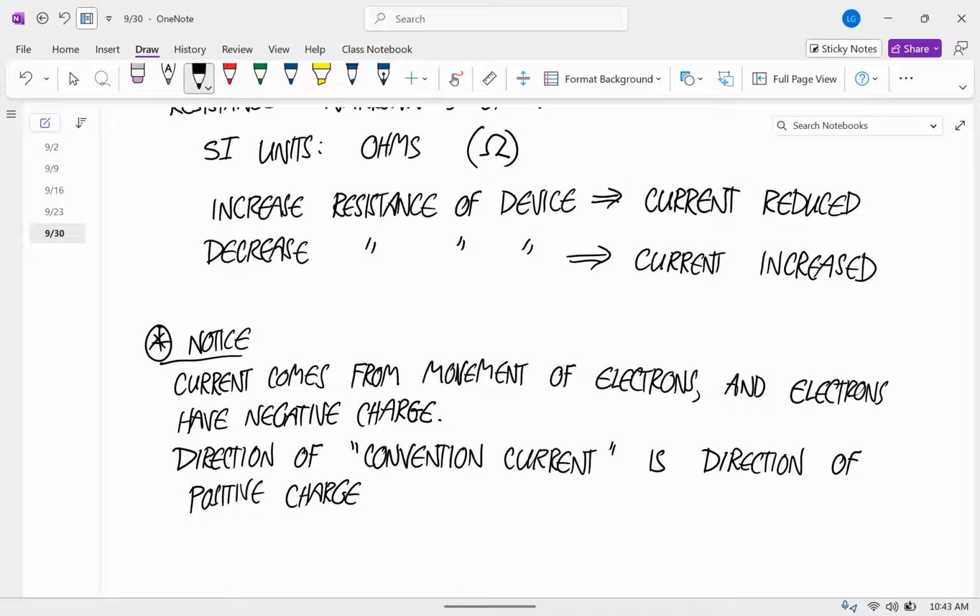It's basically like the electron goes one way, and the mathematical effect is that conventional current goes the other way, opposite the direction of electron flow.